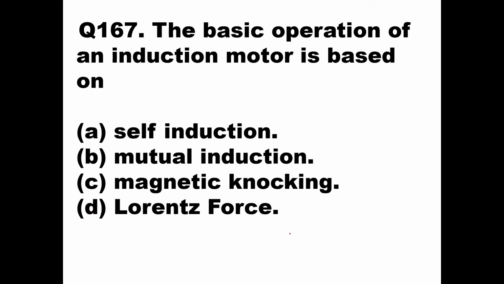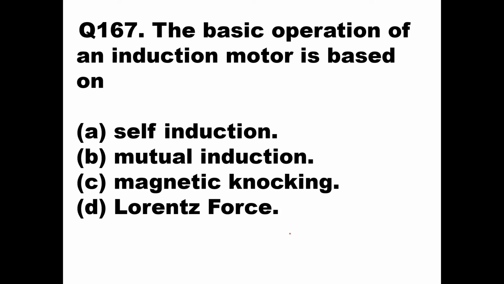Question number 167. The basic operation of an induction motor, that is an AC motor, is based on what? So here the stator and rotor. Stator is a stationary part and rotor is a rotating part.